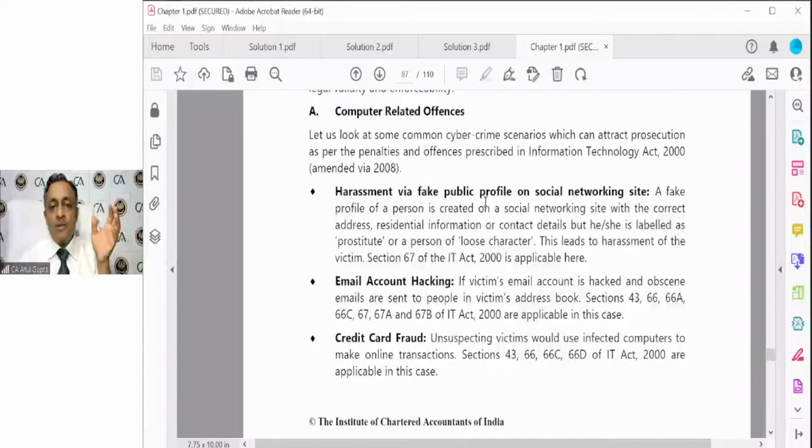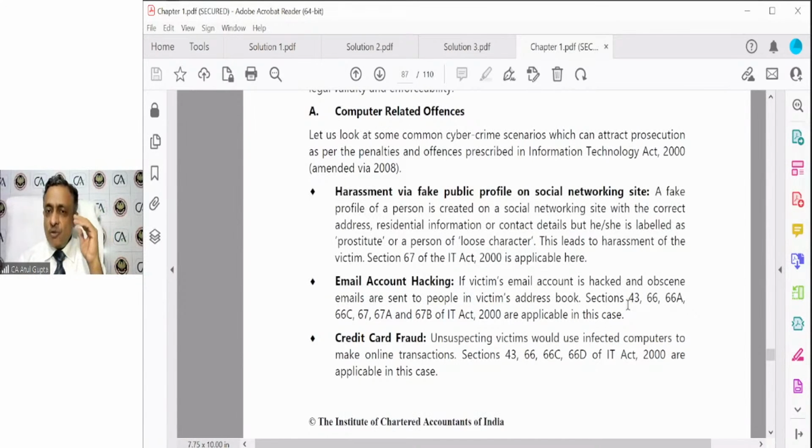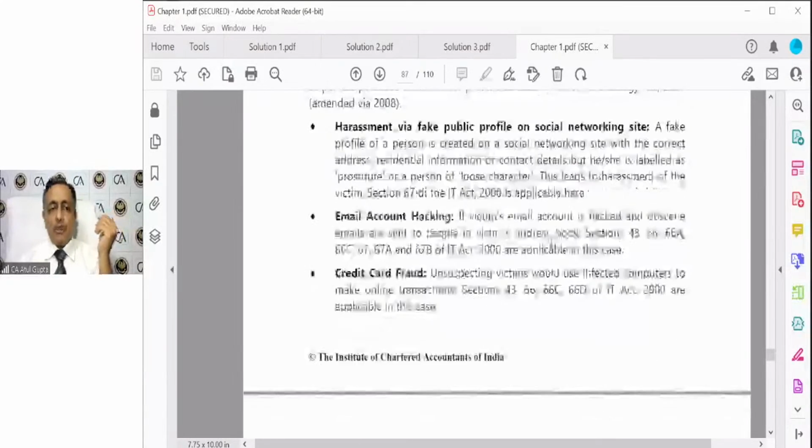Then email account hacking, yes, these are important. Credit card fraud. They have given the frauds and sections. I understand that you are reading these sections in other locations in the module also. So even if it's only a section number here, I request you to read these wherever they are given to you in the module.